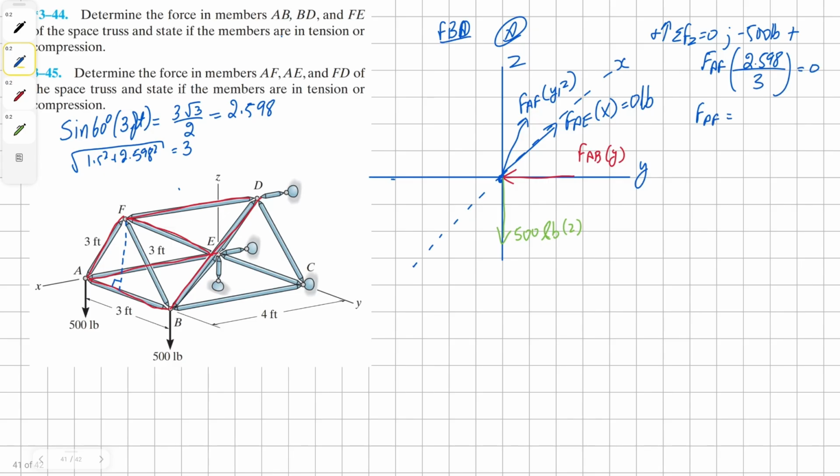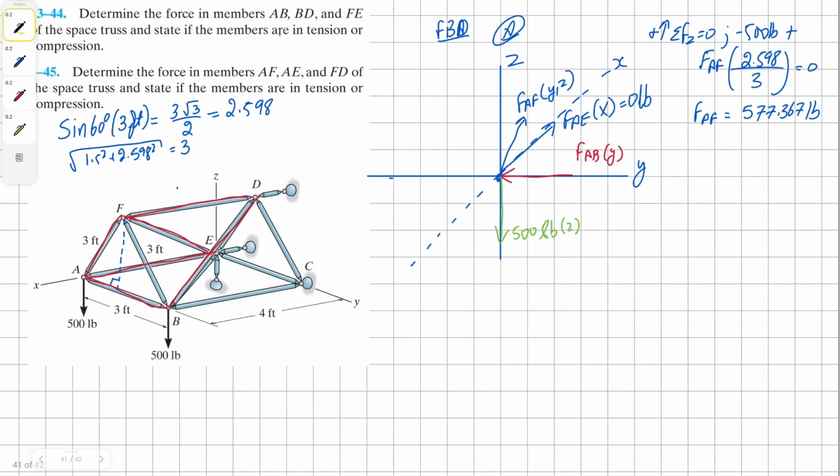Solving it further, we get our solution as 577.367 pounds. And since this member is positive, looking at member AF, it is in tension.